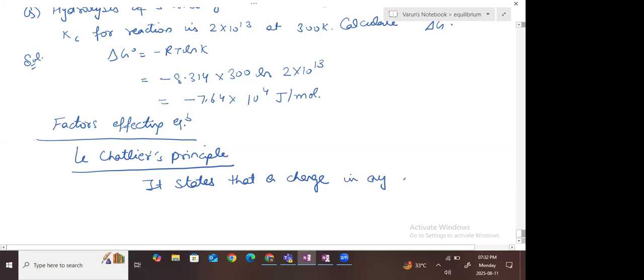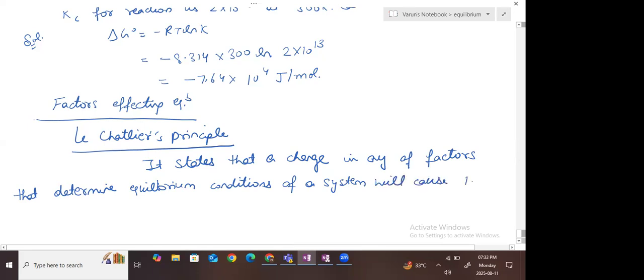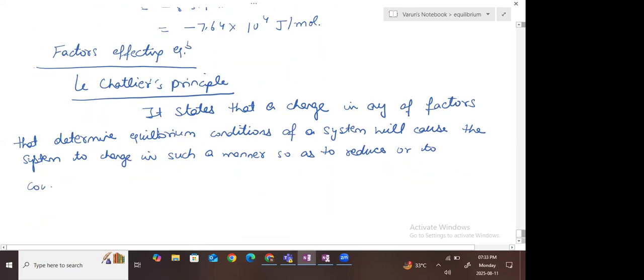Change in any of the factors that determine equilibrium conditions of a system causes the system to change in such a manner so as to reduce or to counteract the effect of change. आया समझ?